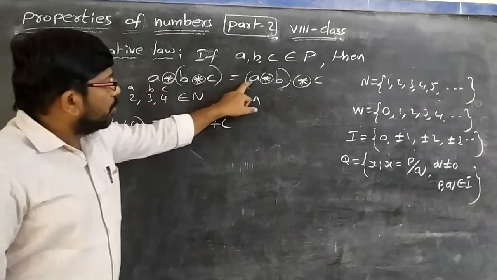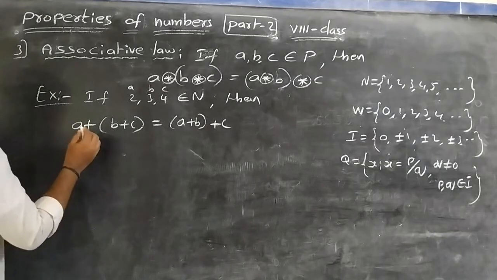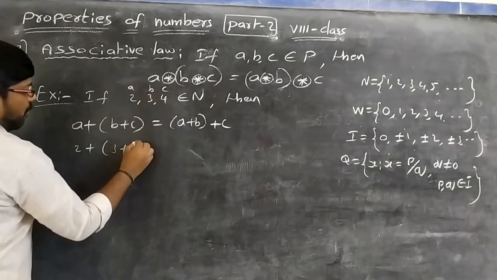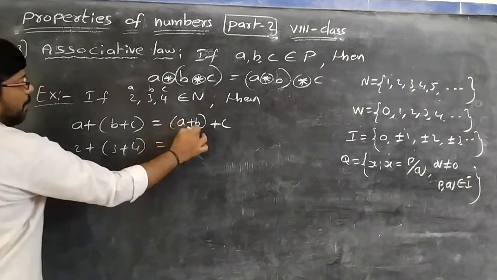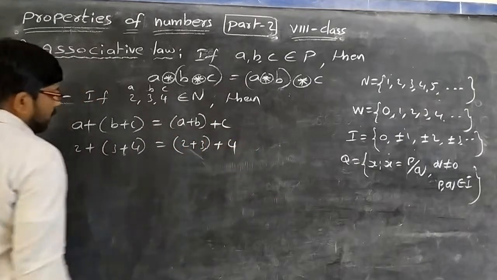Simplify: 2 plus (3 plus 4) is equal to (2 plus 3) plus 4.